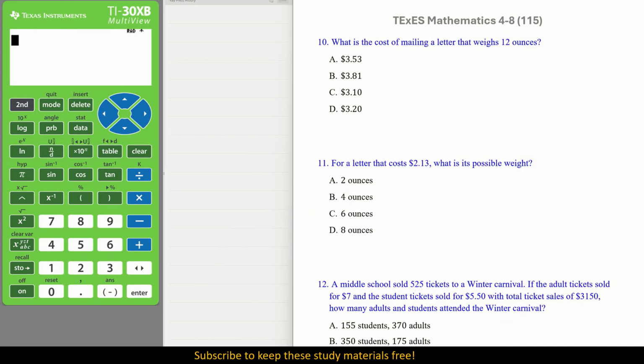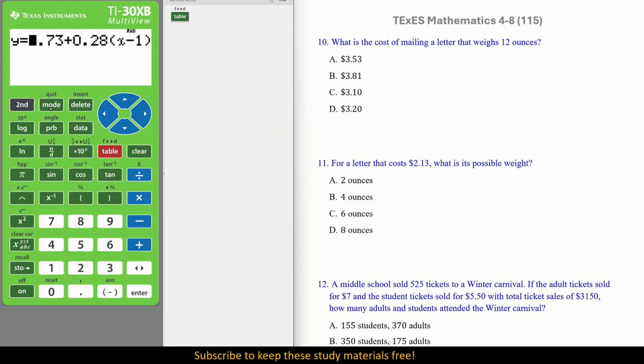Number 10, what is the cost of mailing a letter that weighs 12 ounces? Okay, we're still using our scenario. But we should still have that in our calculator. So go back to the table and see how that is all in there. Remember, what we have in our calculator is from 1 to 16 ounces.